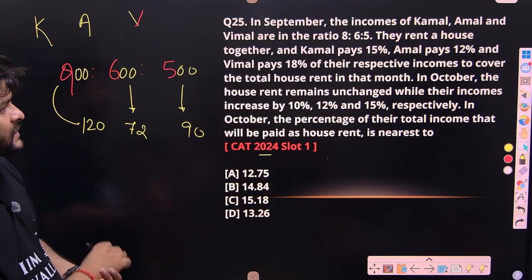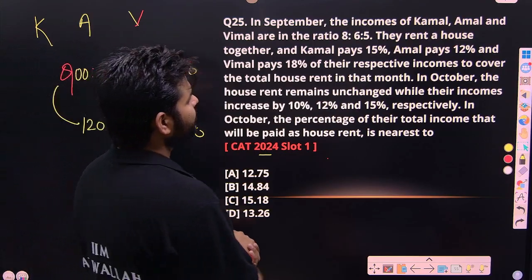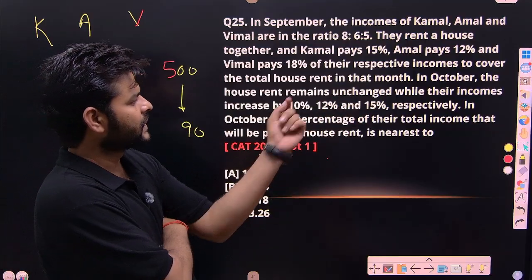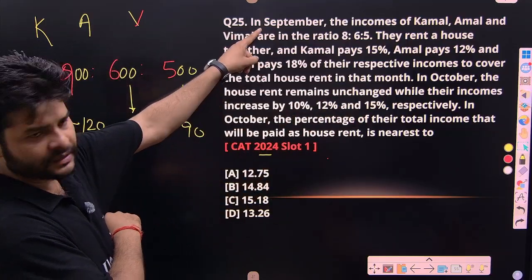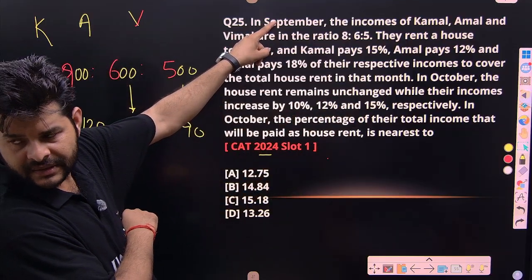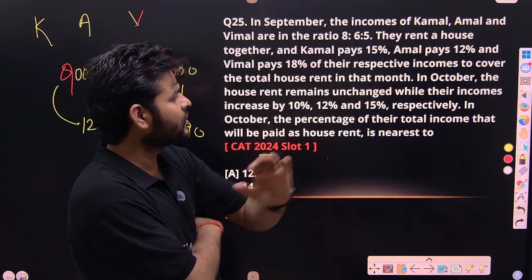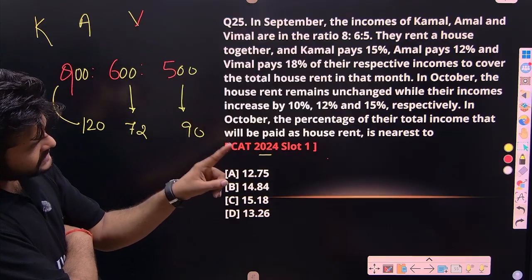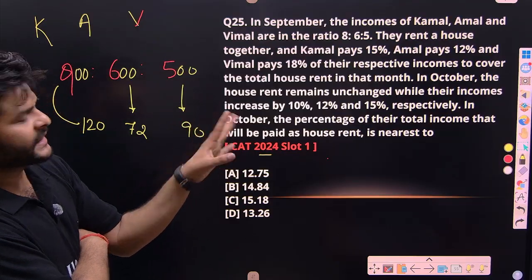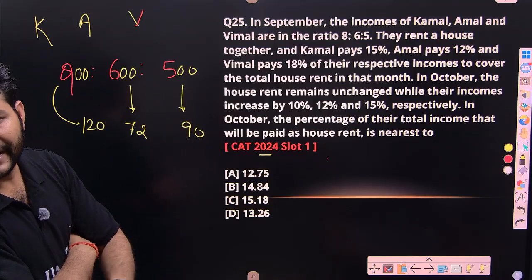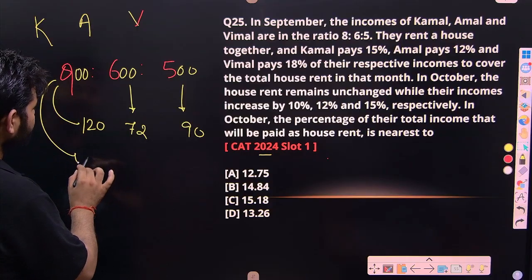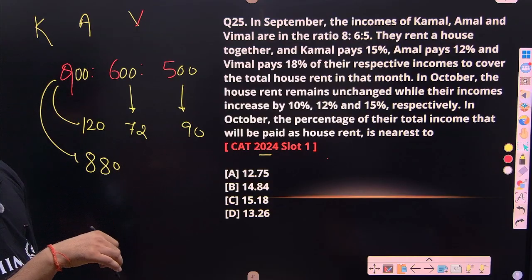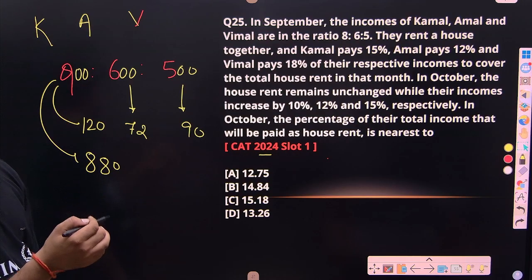Now what happens to cover the total house rent in that month? That was September, this is about October. In October, the house rent remains unchanged while their incomes increased. By 10%, so what would it be now? 880. 10% would be 80, so the current income is 880.